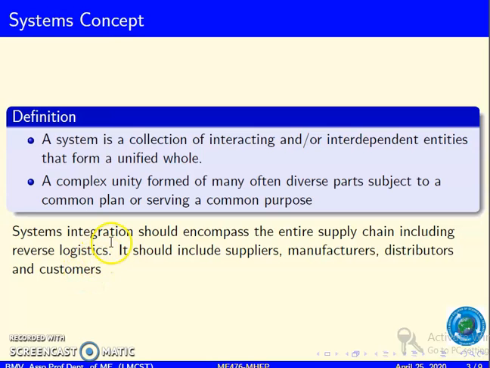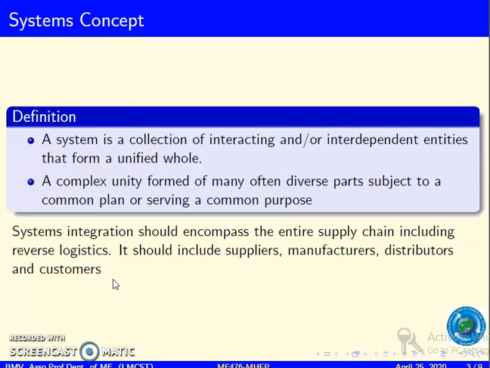And a system integration should encompass the entire supply chain including reverse logistics. It should include suppliers, manufacturers, distributors and customers. So it can be defined in many ways depending upon the field or situation where it is applied.